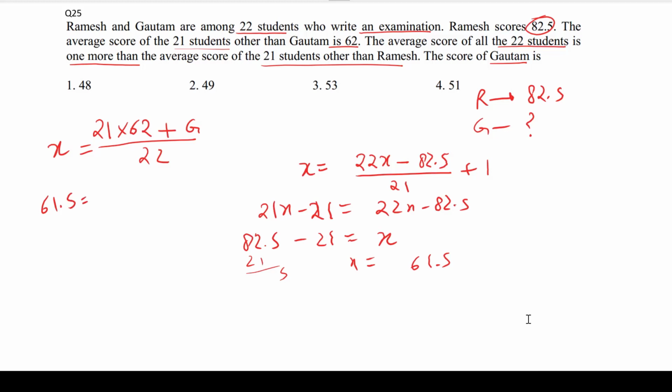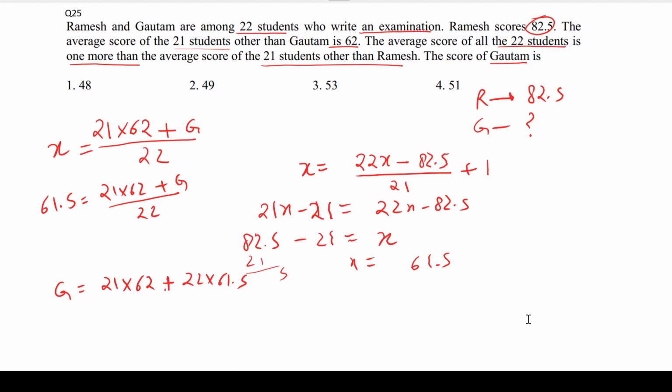Here we can find the value of G. For this calculation, a calculator will be useful: 22 into 61.5. Now I need to do it manually. Something is wrong.